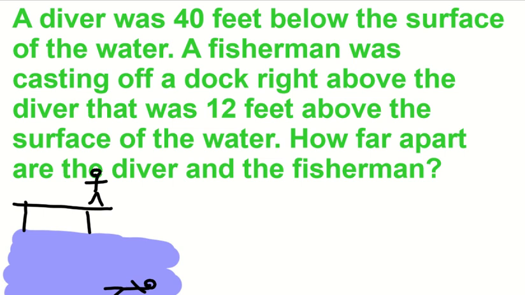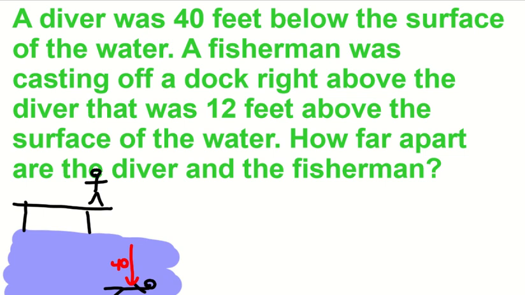Sarah E., what'd you get? 52 is correct. All right, so we've got a little fisherman on a dock here, diver under the water, as you can tell by my super awesome picture. It says the diver is 40 feet below the surface of the water.